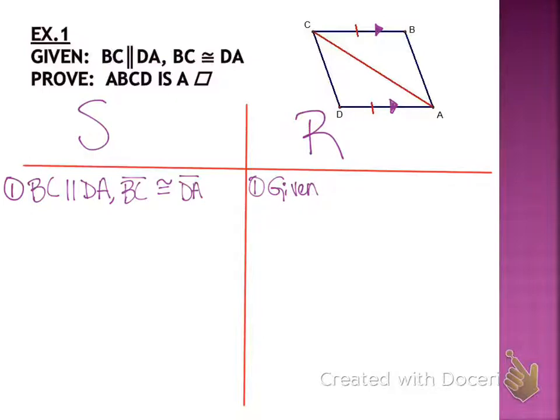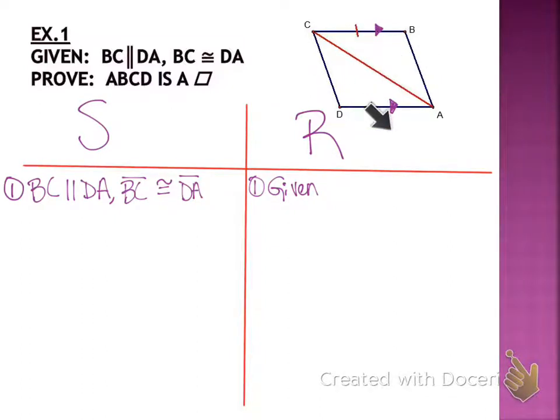The what? Both pairs of parallel sides are, or both opposite sides are parallel. Okay, so we need both pairs of opposite sides to be parallel.